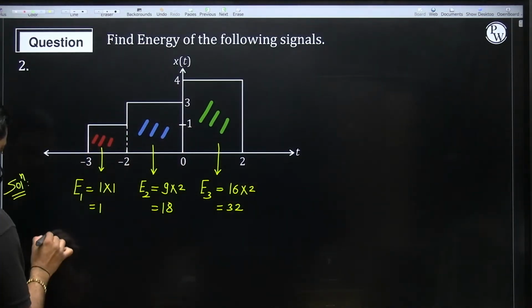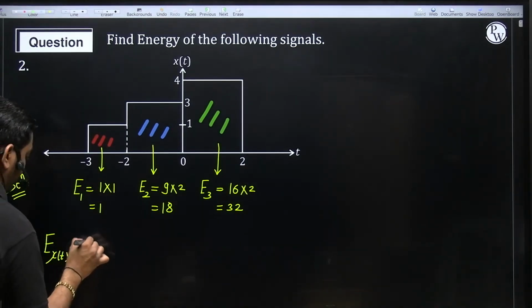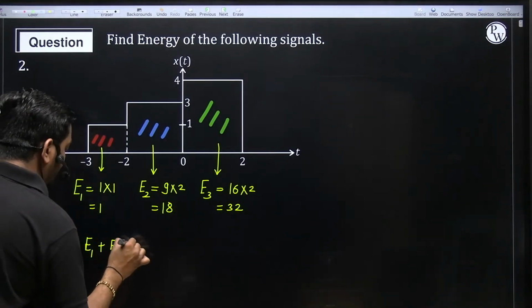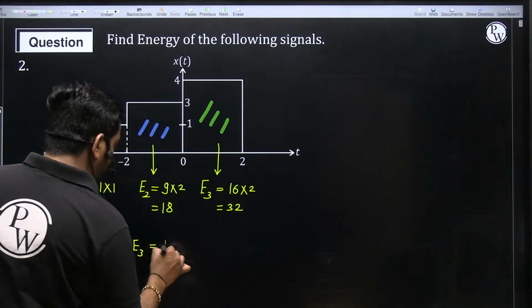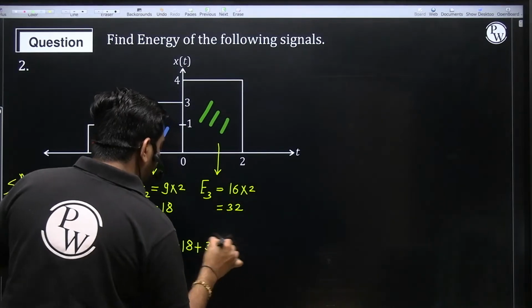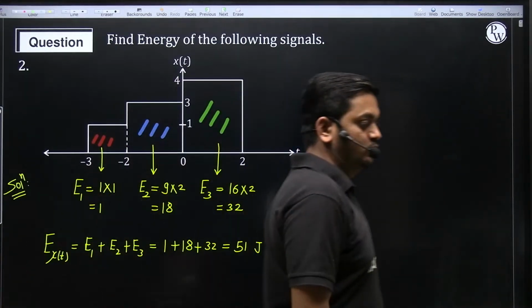So the total energy of x of t is the sum of the individual signal energies, as the multiplication of any two signals is 0. That's why 1 plus 18 plus 32, the answer should be 51 joule.